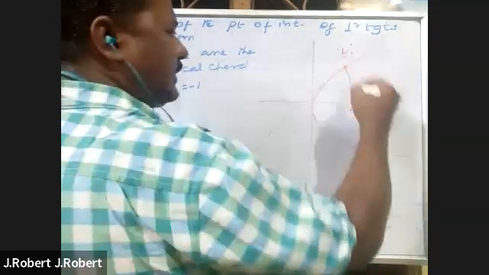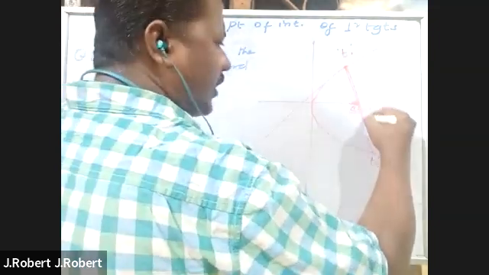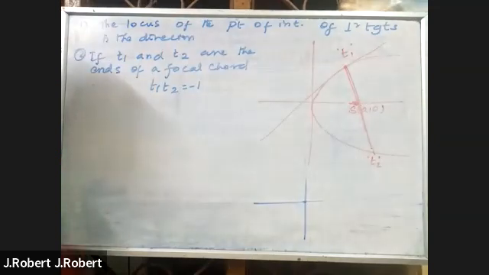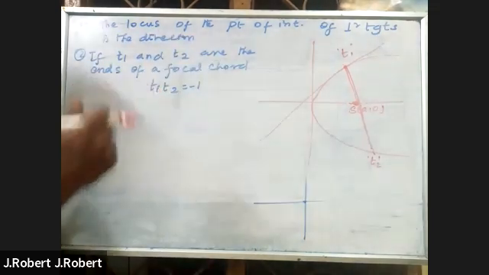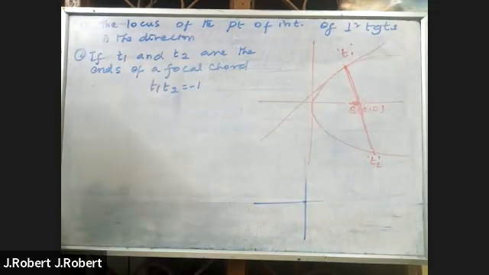Say chord, not line, because there is a distinction in geometry: a chord touches the curve at both ends. Therefore, if T1 and T2 are the ends of a focal chord, then T1 T2 is equal to -1.